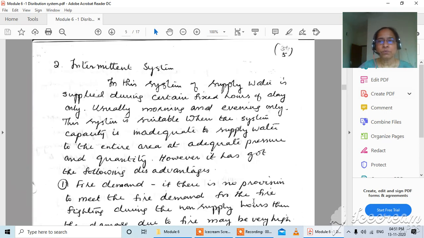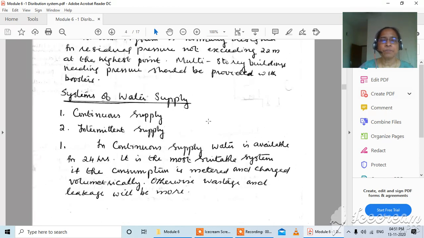So system of water supply means it is how to supply water. That means whether we want to supply the water continuously, or whether we want to supply the water intermittently. We know that when we design the system, that means when we plan the system, we took the demand of water, or the per capita demand of water, or a per person demand, we took it for 24 hours.